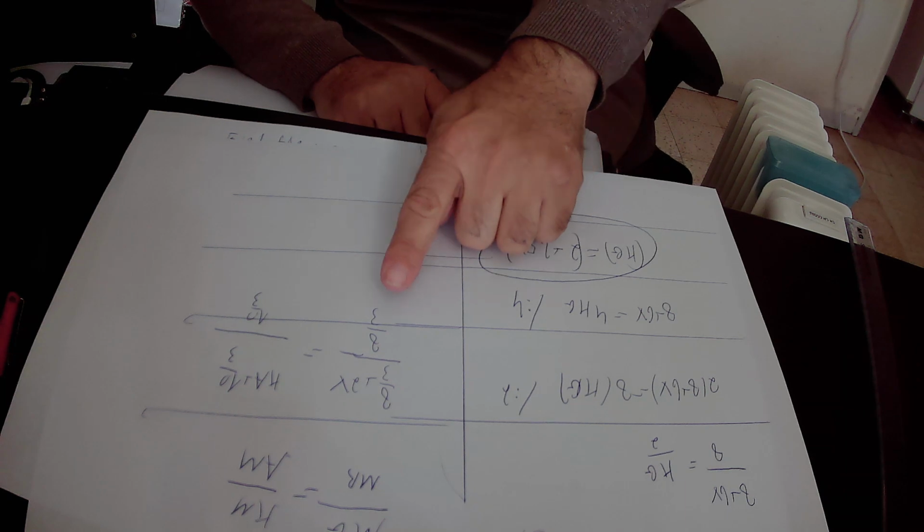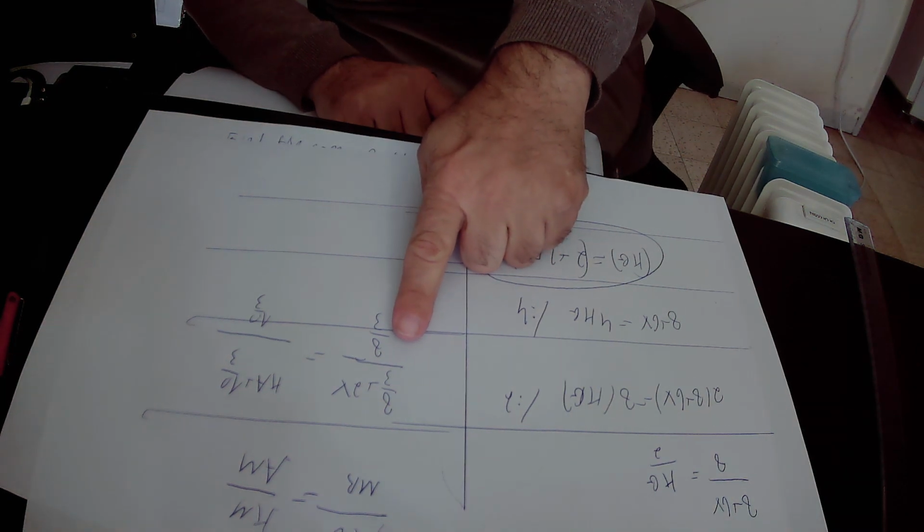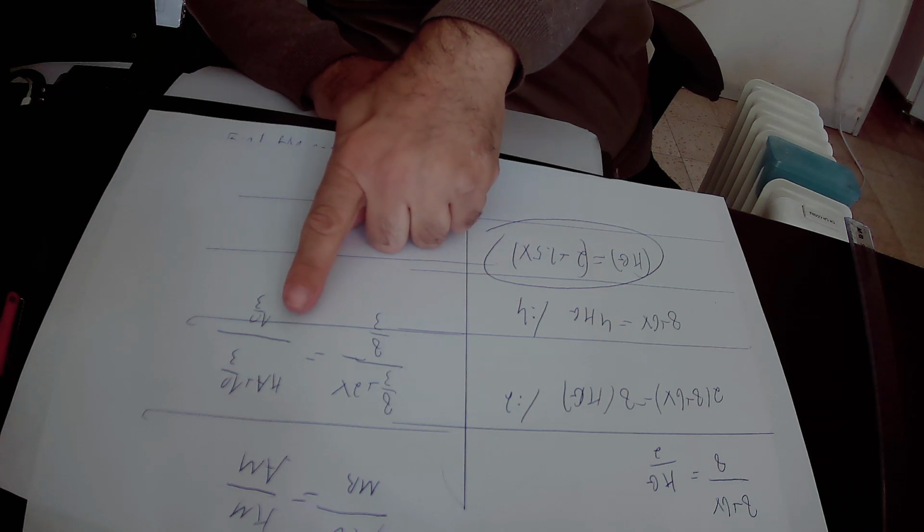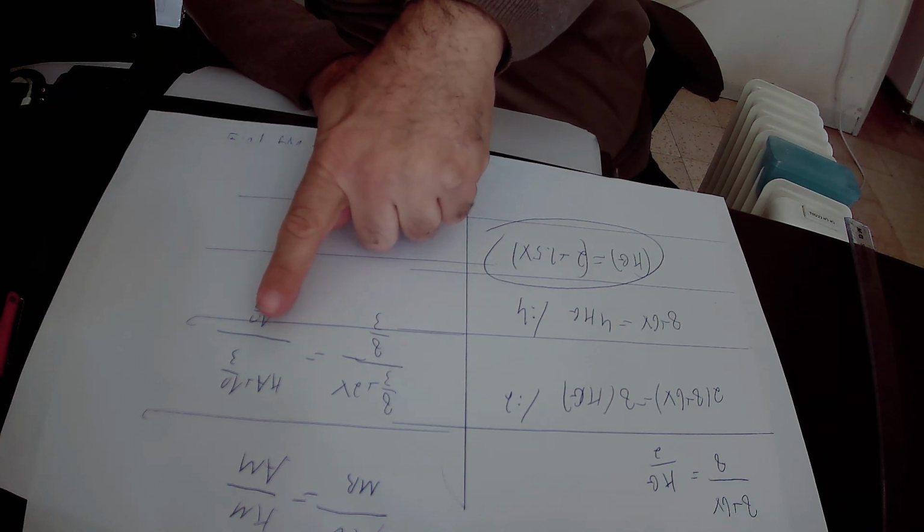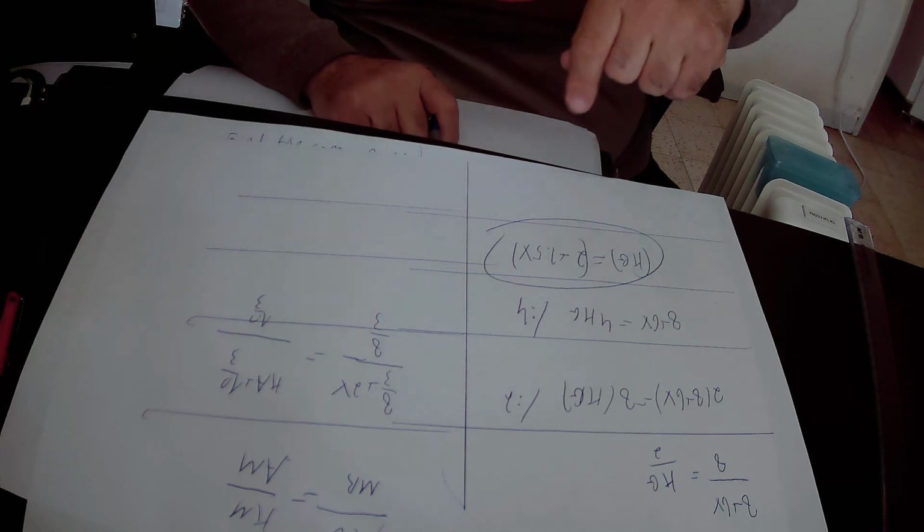Here we multiply 2x by 3 and then we divide it by 3 in order to have a common factor of 8 over 3, and here also we'll multiply KA by 3 and then we divide it by 3 in order to have a common factor of 10 over 3.